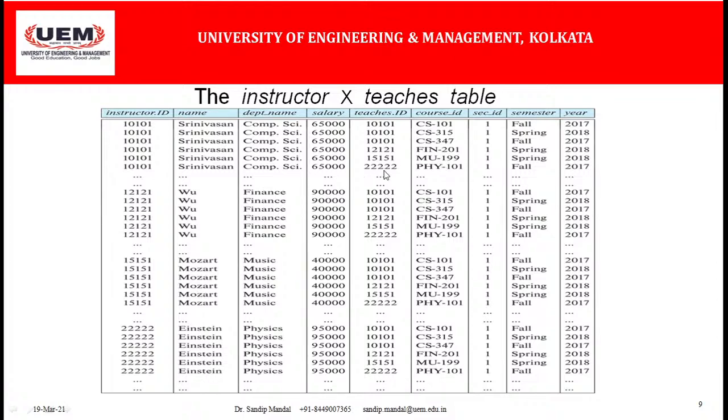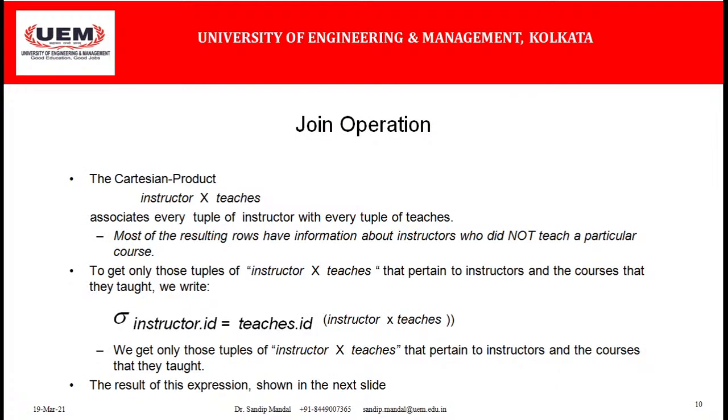From the total of 5000, 10 into 500, only some minimal values are important, and the rest is totally garbage. Here we see that most of the resulting rows contain information about an instructor who did not teach a particular course.